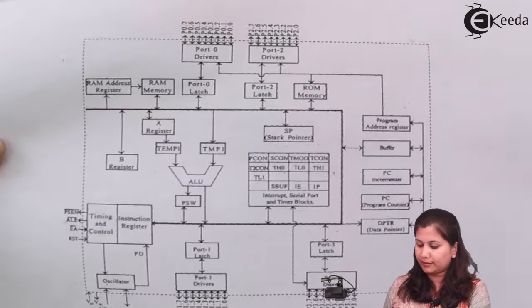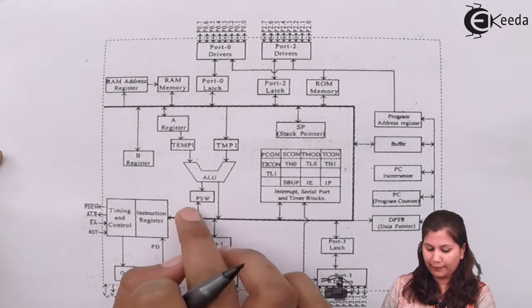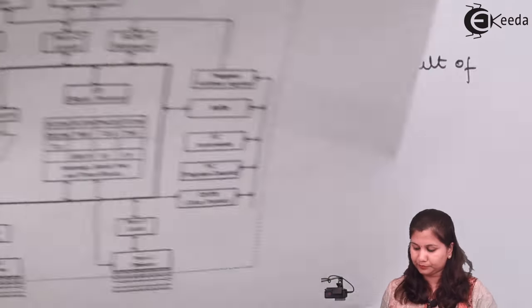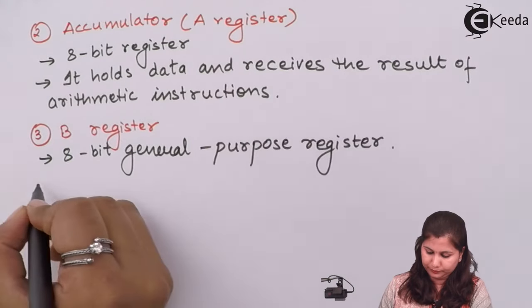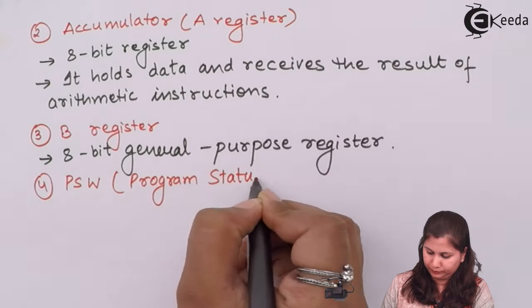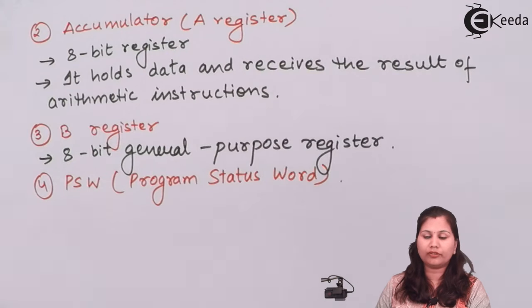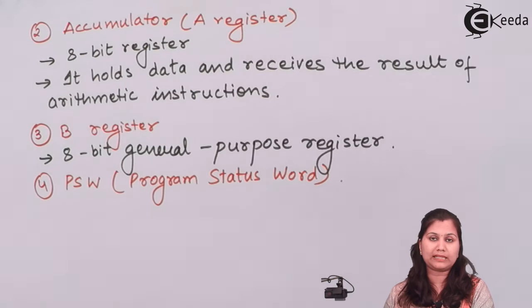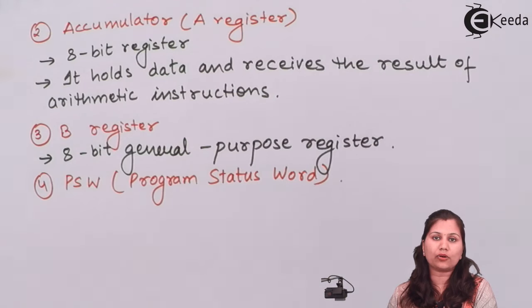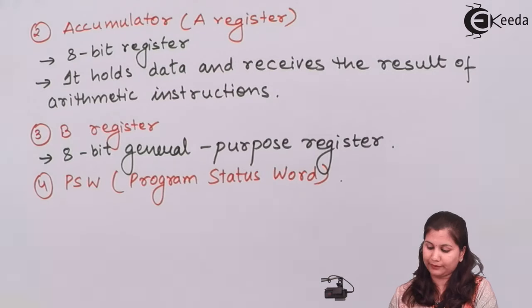The next block in this central processing unit is the PSW, that is the program status word. Now there are many instructions which implicitly or explicitly affect the bits of the registers. How these bits are affected by the result is shown by the program status word.